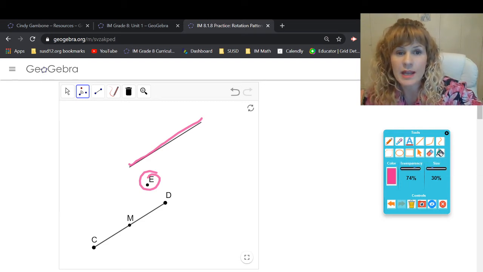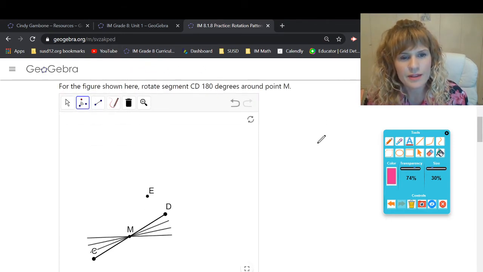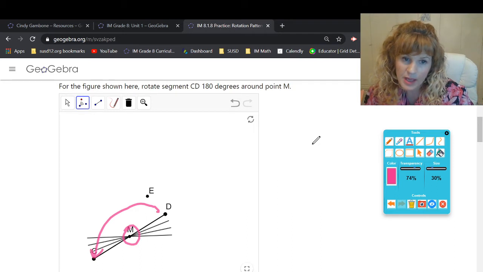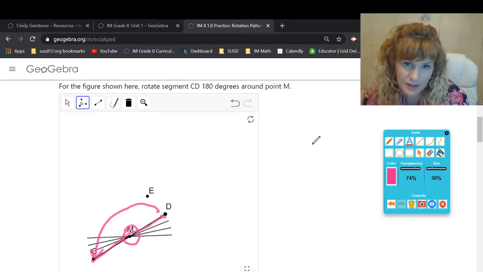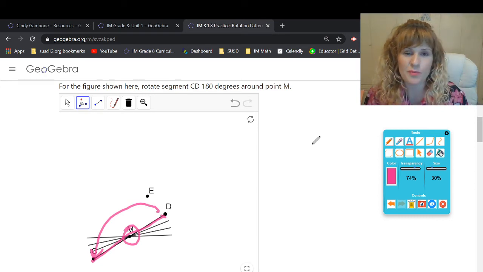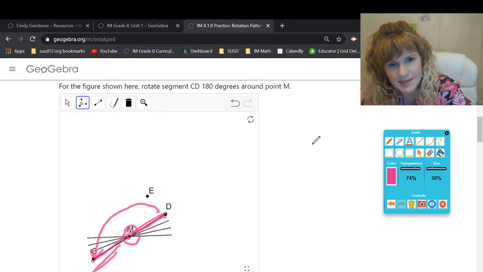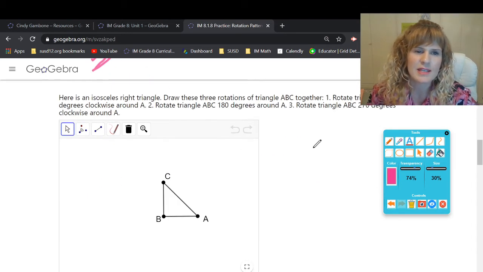That was a 180 degree rotation. Don't forget, that's important. Okay, and then finally, we rotated around the center point. And when you rotate 180 degrees around the center point, the image lays on top of the original figure, but the endpoints are reversed because this is the midpoint. So DM is now over here, DM, and CM is over here. Okay, good job, guys. Let's keep going.